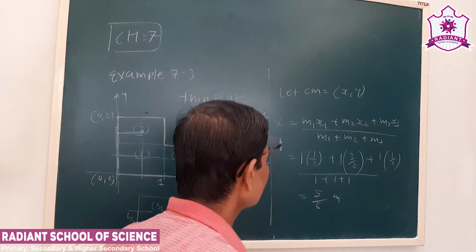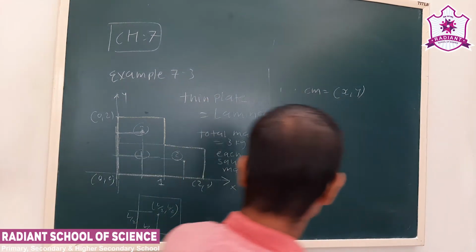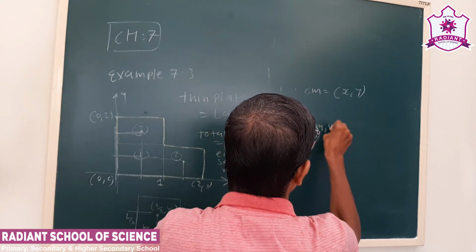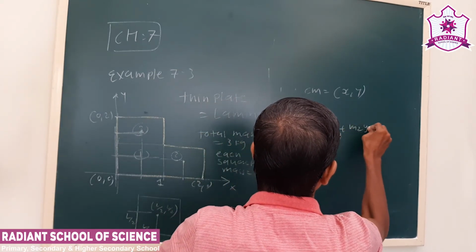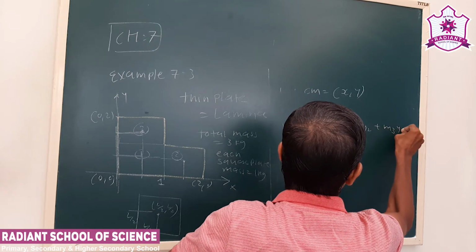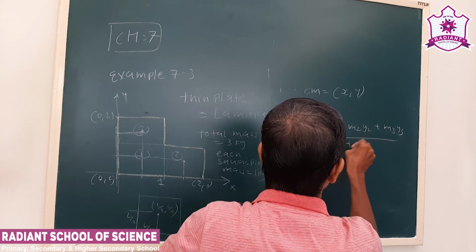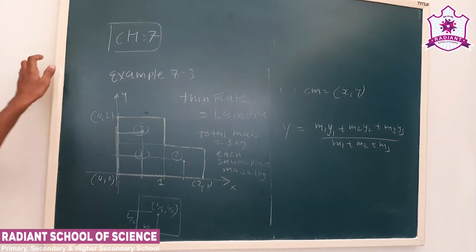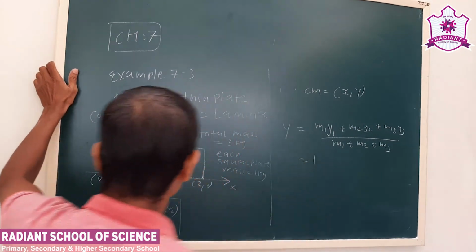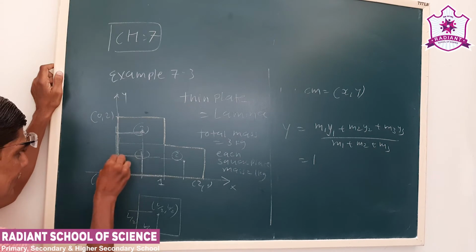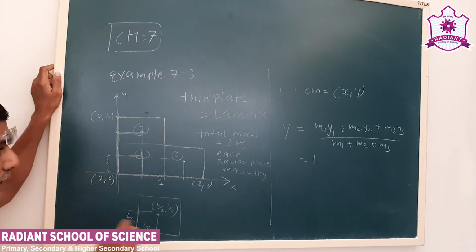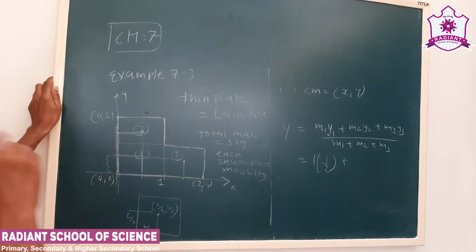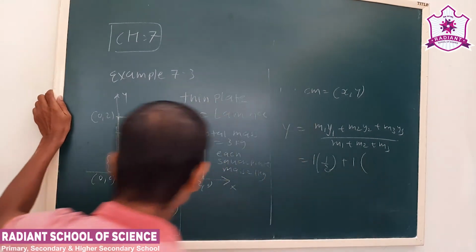Now see for the y coordinate, it will be m1 y1 plus m2 y2 plus m3 y3. Now m1 is 1. What is the y coordinate? It will be 1 by 2. m2 also 1 kg.